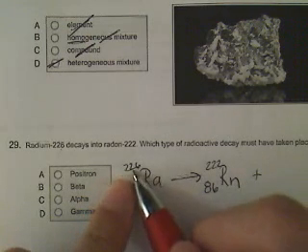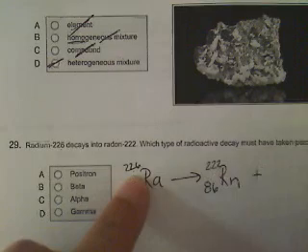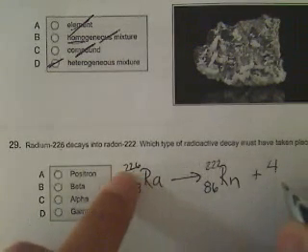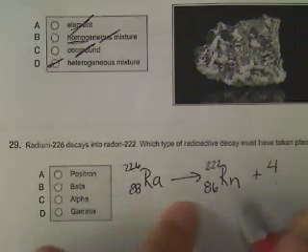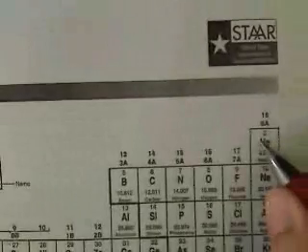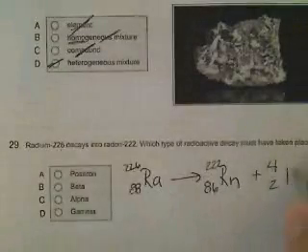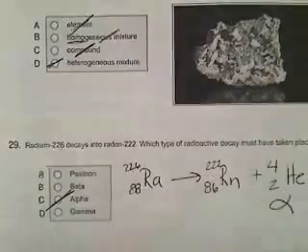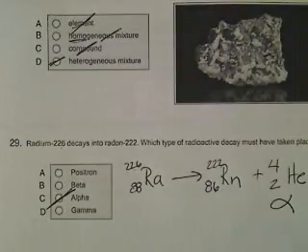The difference between 226 and 222 is 4, right? Because 222 plus 4 is going to give you 226. 88 and 86, I need to have a 2 here. Which element has, and this is the number of protons, 2 protons? That's helium. So this is helium, and we know that this is an alpha particle. So this is alpha. All right, next one.